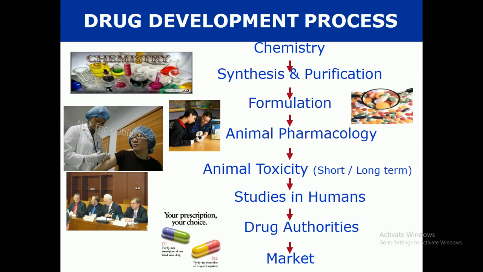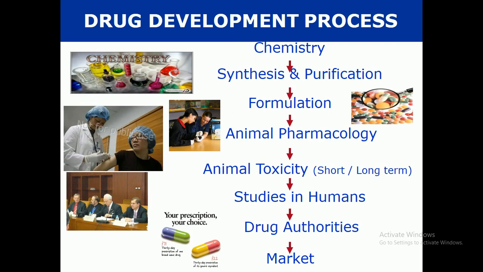In chemistry, we synthesize different types of biomolecules like carbohydrates, proteins, vitamins, macronutrients, micronutrients, and do purification. We prepare different chemicals, synthetics, purifications, and different formulations, especially in animal pharmacology.